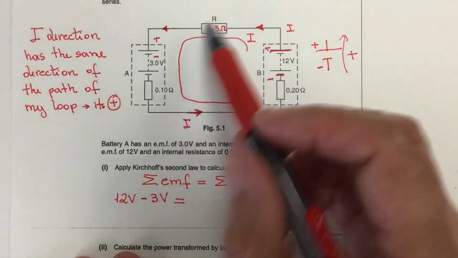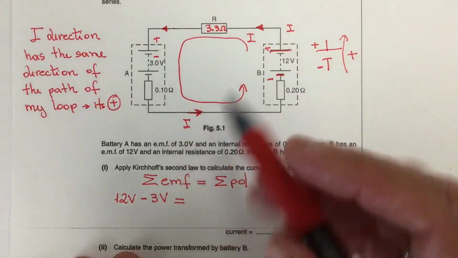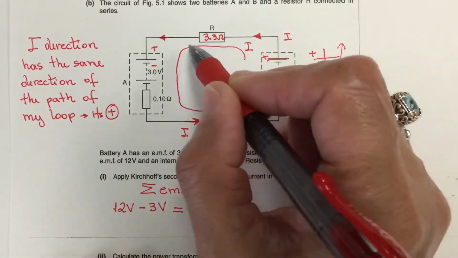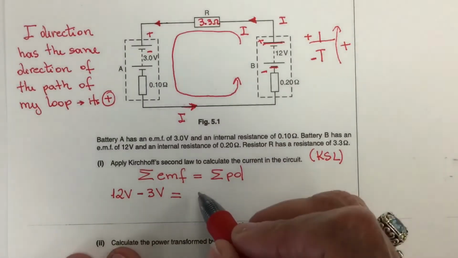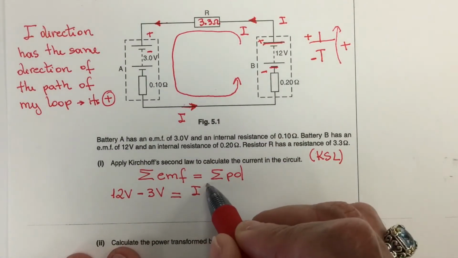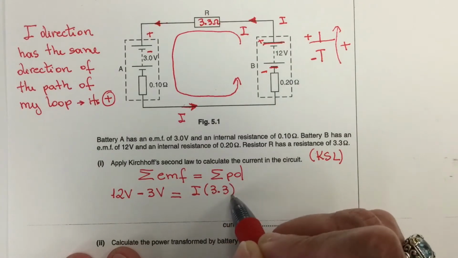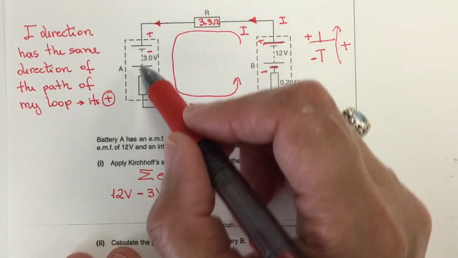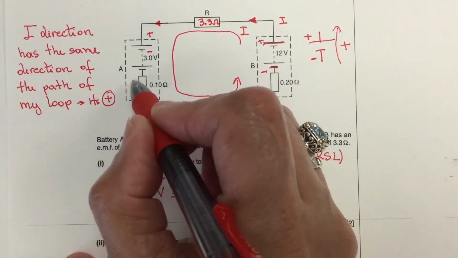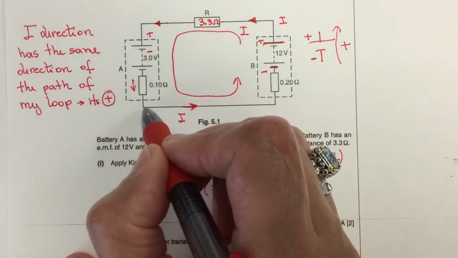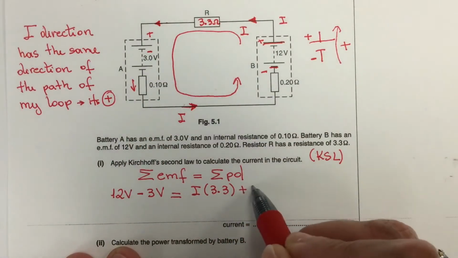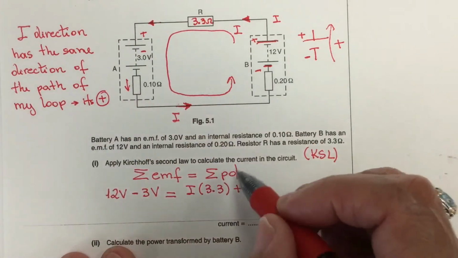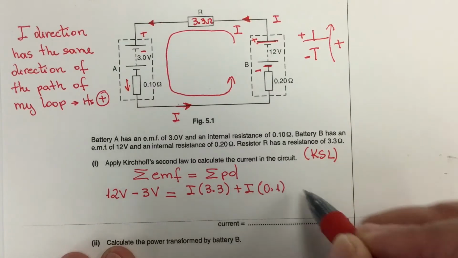There were three resistors we have here. Because the current is flowing this way, in the same direction as my loop, that will be the current I times 3.3 ohms. Now let's look at the next one. My current is flowing in this direction through this resistor, so I have plus I, and the resistance of battery A is 0.1 ohms.